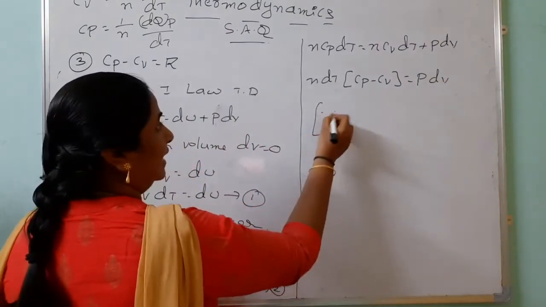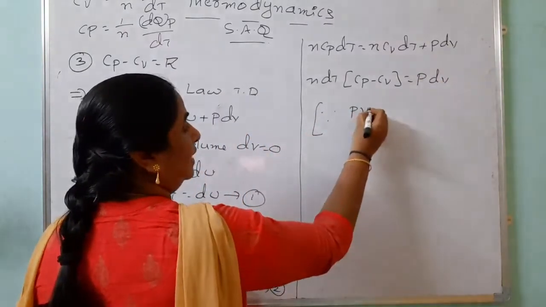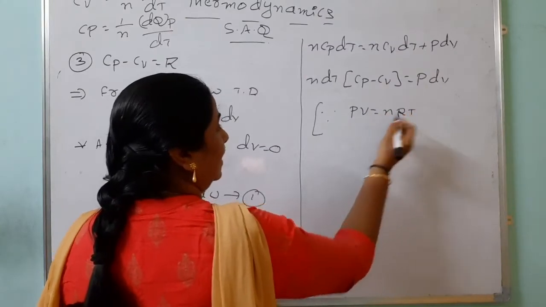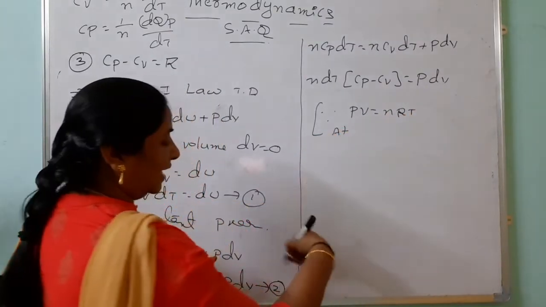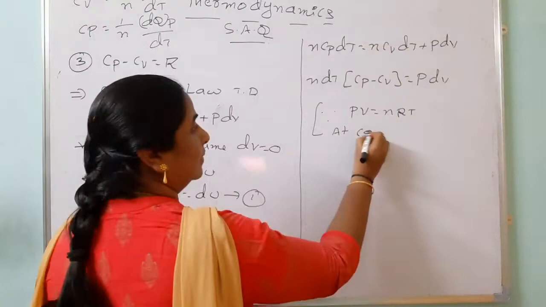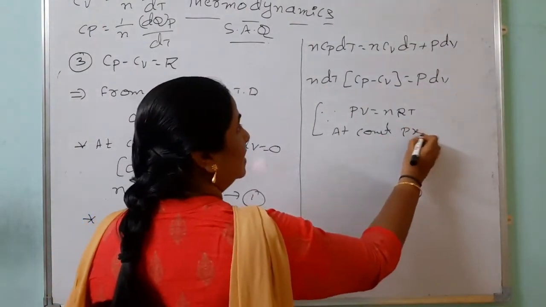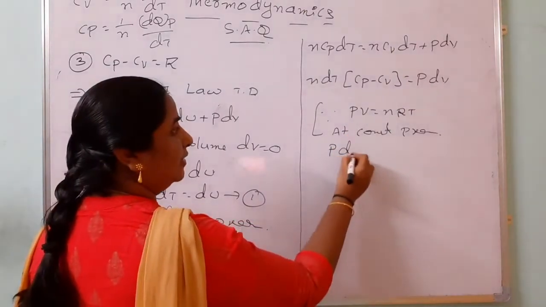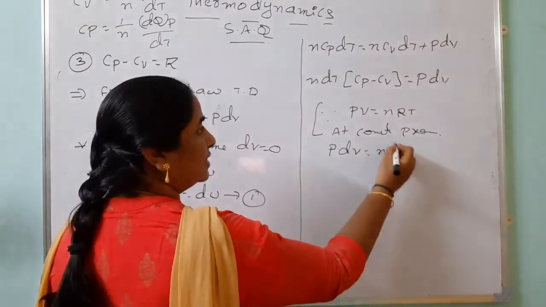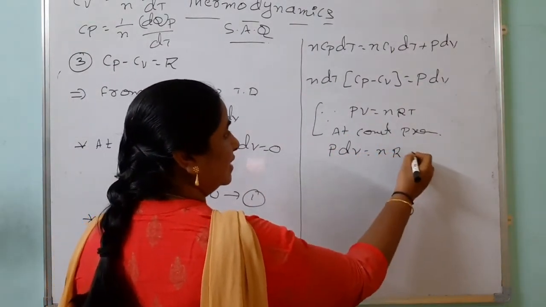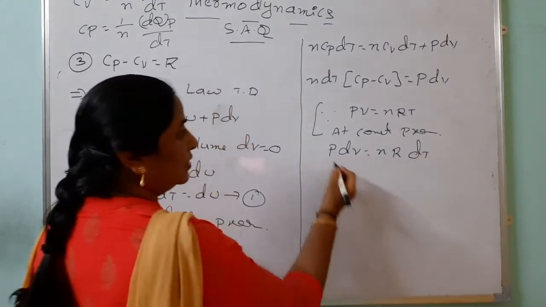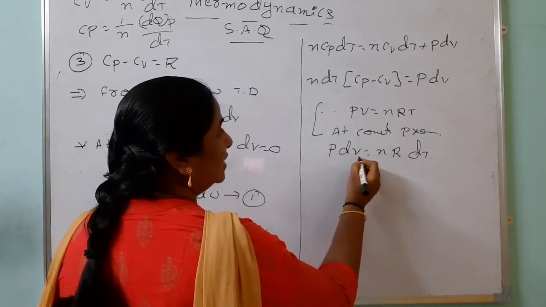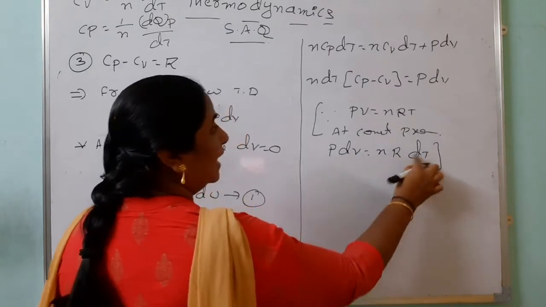Now you know the ideal gas equation PV equals nRT. At constant pressure, when you differentiate this equation, pressure is constant, differentiation of V is dV. n is constant, R is constant, differentiation of temperature is dT. So look here, pressure into change in volume we can write as nR into dT.